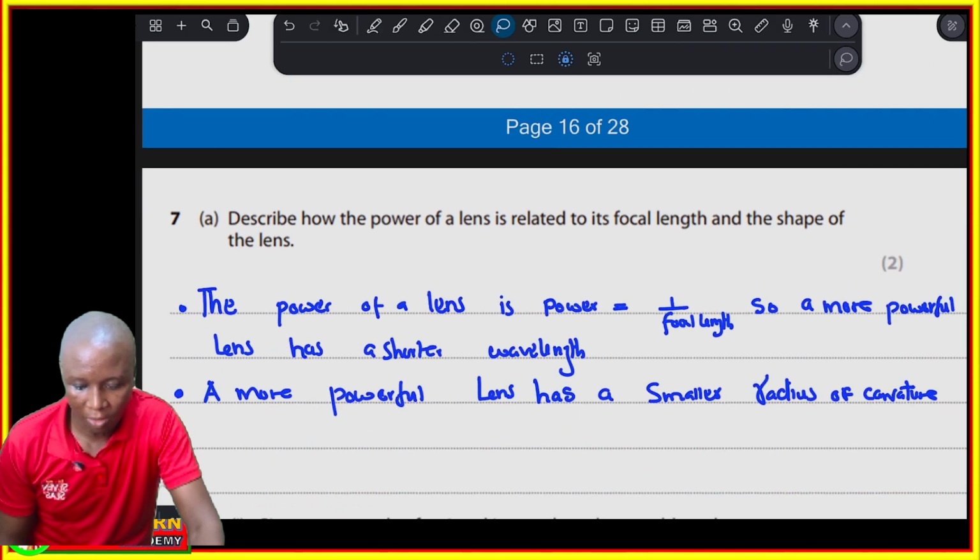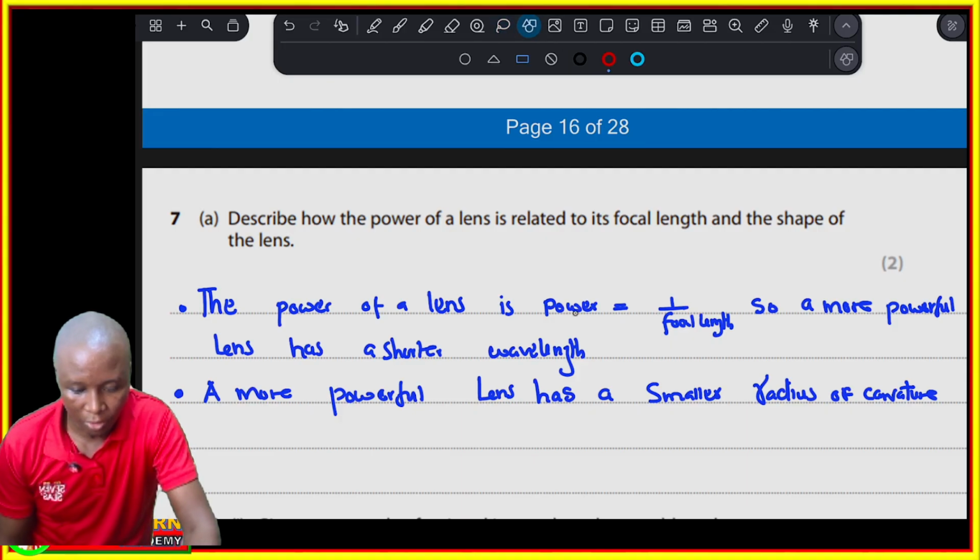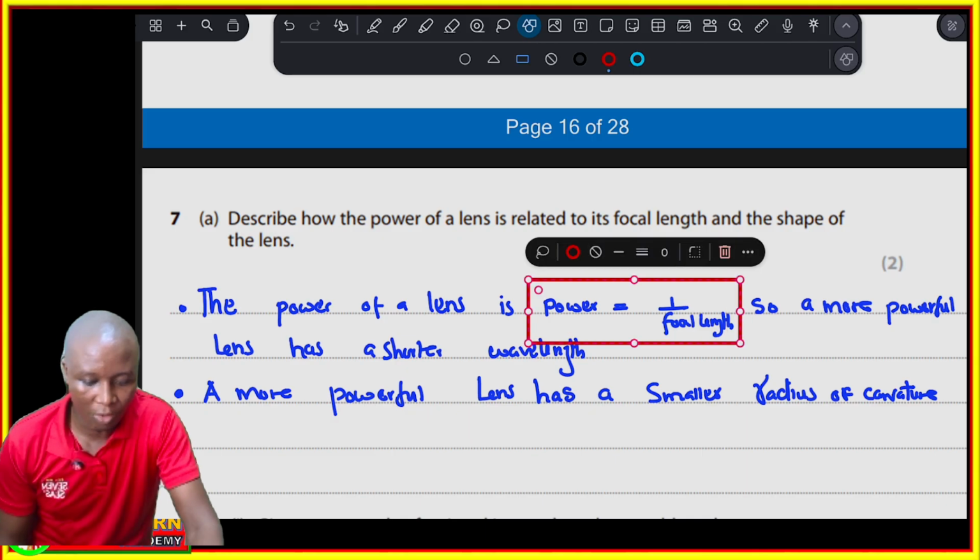Describe how the power of a lens is related to the focal length and the shape of the lens. What was important for you to remember is that the power of a lens is given by 1 over the focal length.